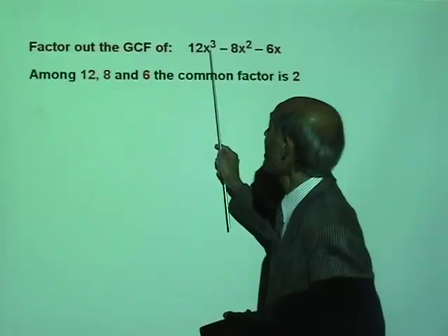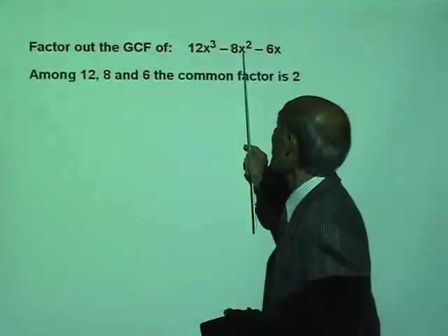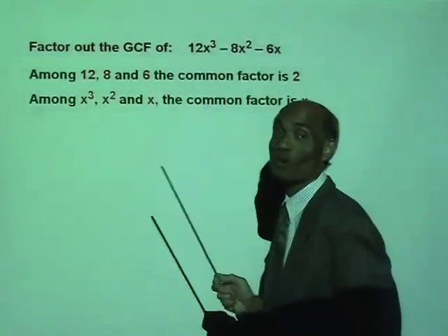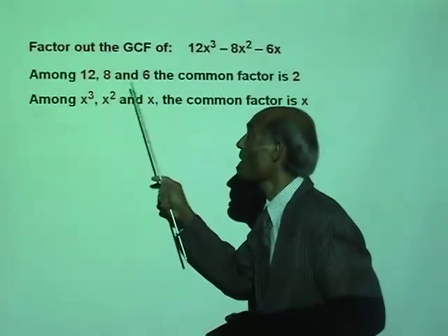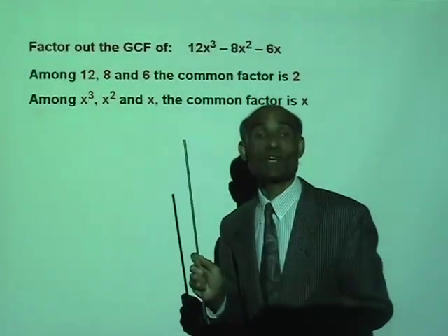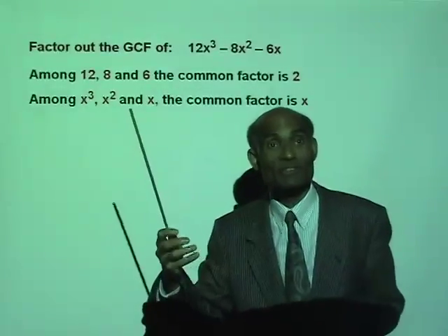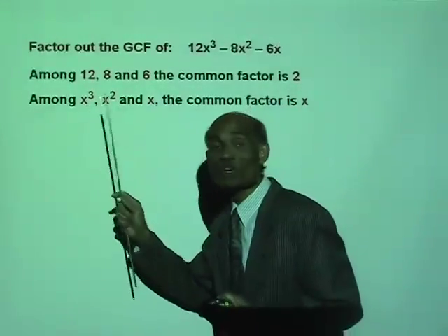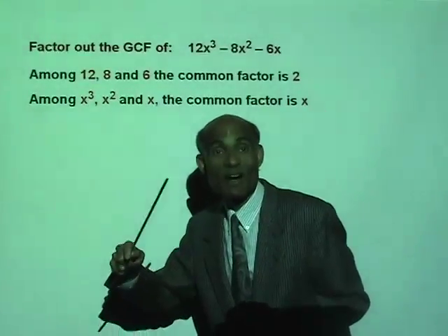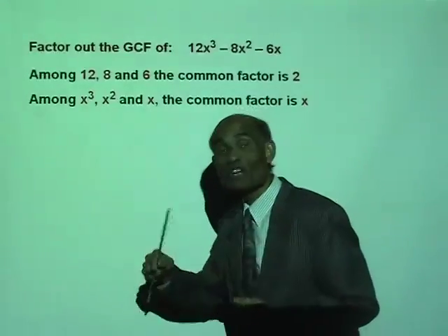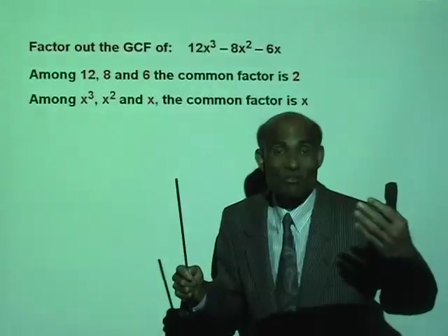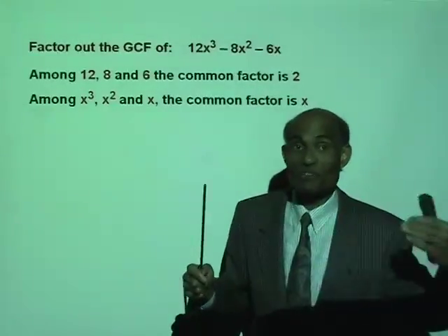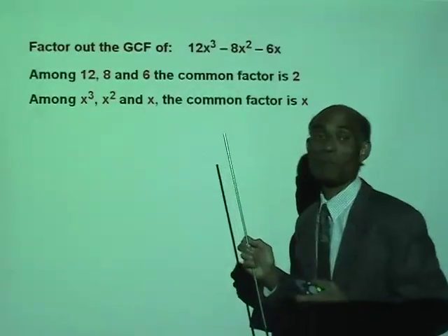Alright? How about x cubed, x squared, and x? What is the common factor among x cubed, x squared, and x? The common factor is x. Is that right? X cubed is x times x times x. X squared is x times x. And of course x is by itself. That means the common factor there is x.